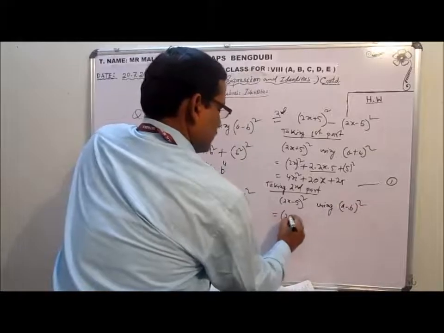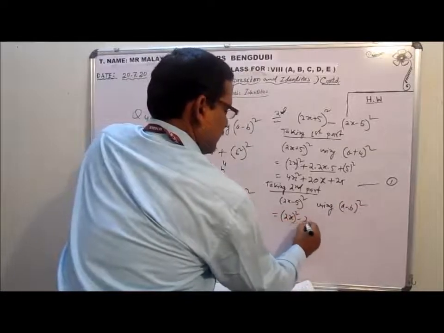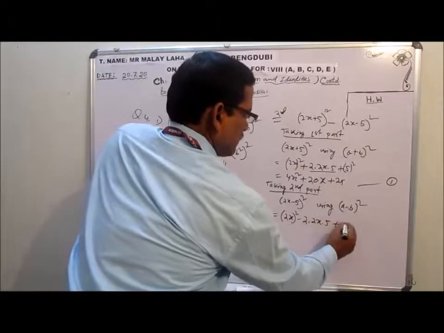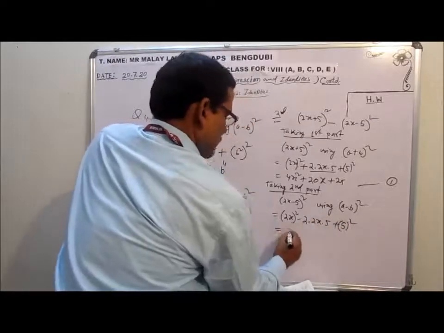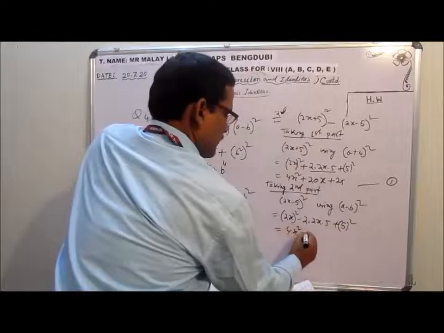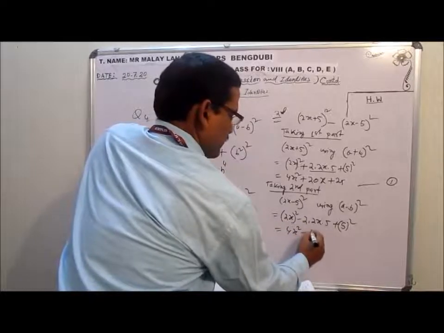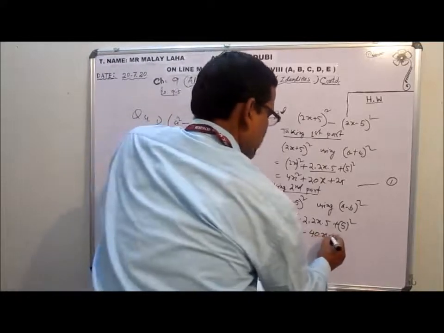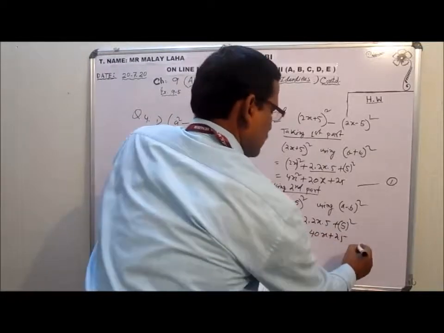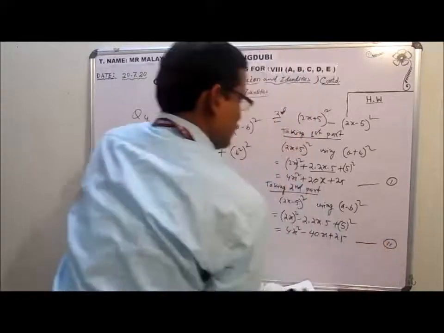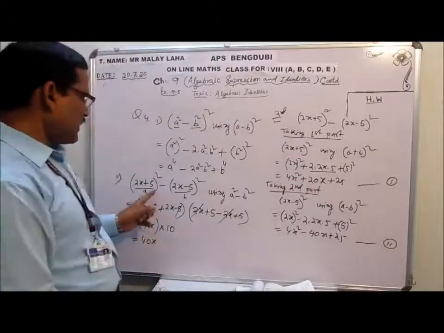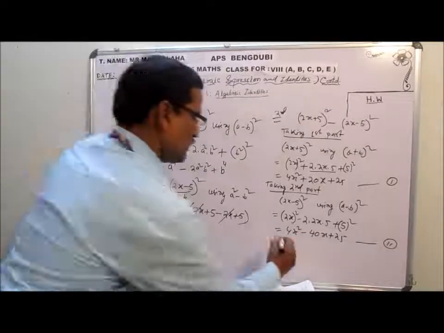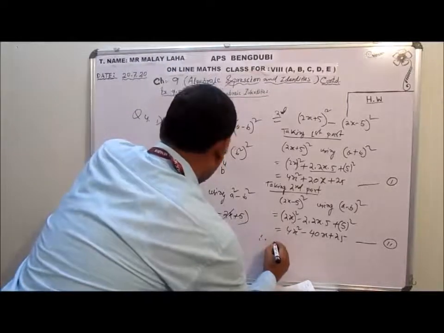That is (2x)² minus twice a, that means 2x, times b, that means 5, plus b², that means 5². So 4x² minus 20x plus 25. Second part. So what to do? First answer minus second answer. You have to write it this way.